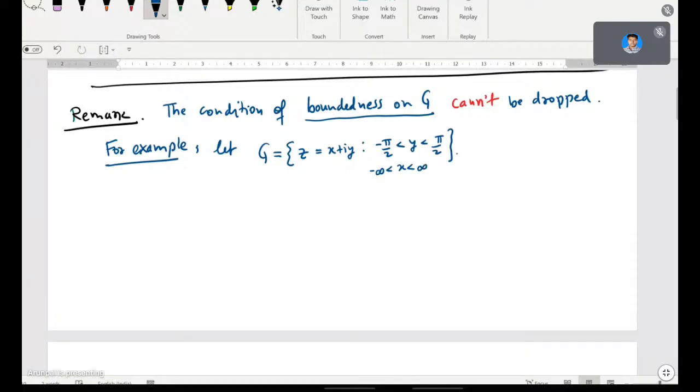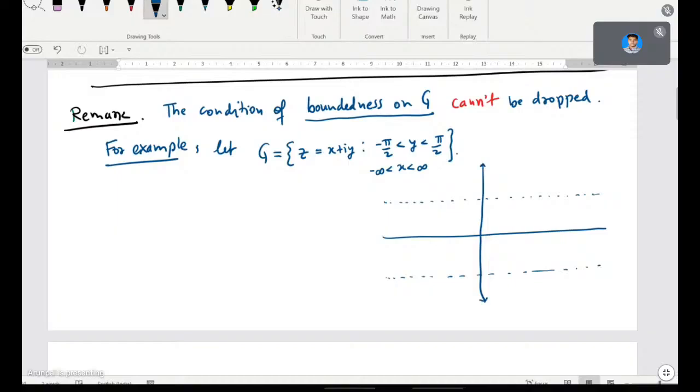And if you look at the geometry of G, class, G will be this strip of infinite length.